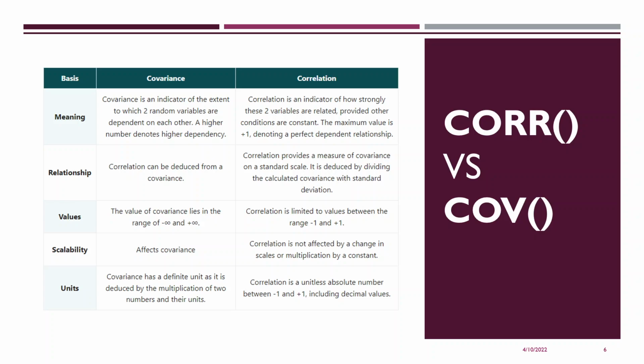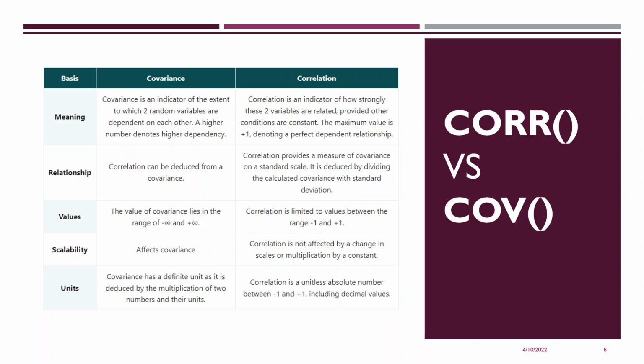Covariance is an indicator of the extent to which two random variables are dependent on each other. Correlation is an indicator of how strongly these two variables are related. There are some other things that are a little more difficult to explain in simple text, but one of the big things we say in the data science and machine learning world is that correlations are what are called standardized values.